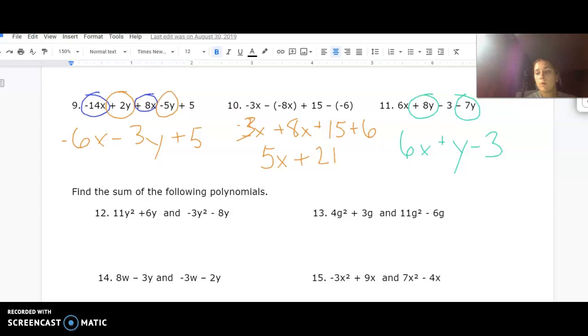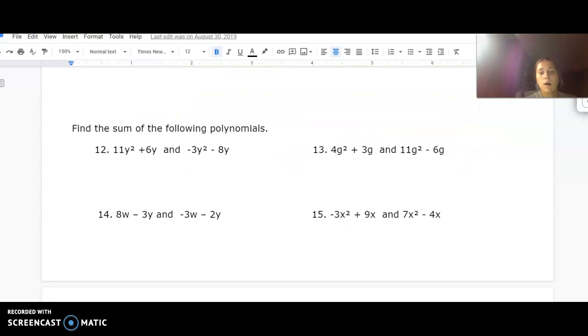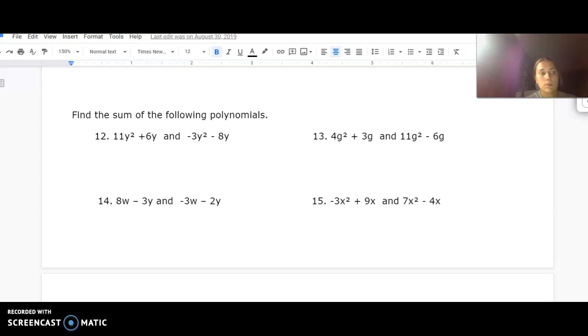I'm going to erase and I'm going to move down to finding the sum of the following polynomials. All right, so when we get to this part, the "and" means plus. That simply just means that we are adding.